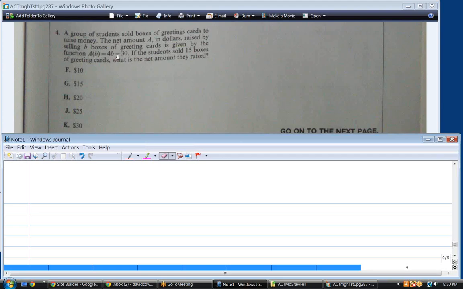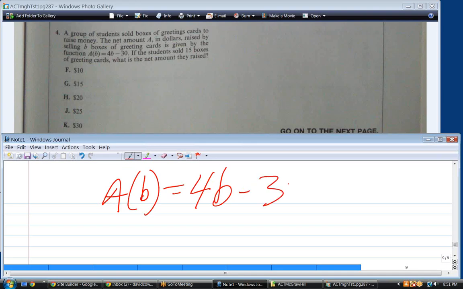So this is actually a very simple question. Don't be fooled by the fact that it looks like a complicated word problem. All they're saying is A of b, a function, is equal to 4b minus 30. So what happens when you plug in 15 for b? A of b is the amount you would raise by selling b boxes of cookies or greeting cards.